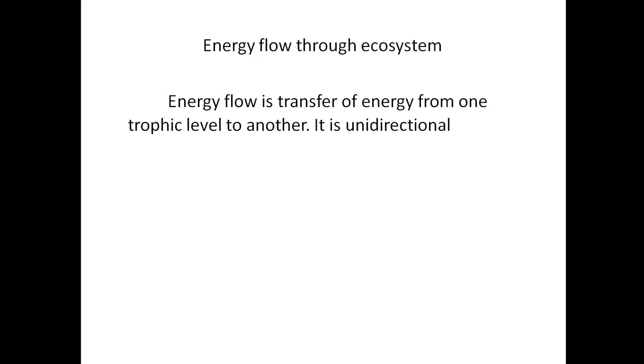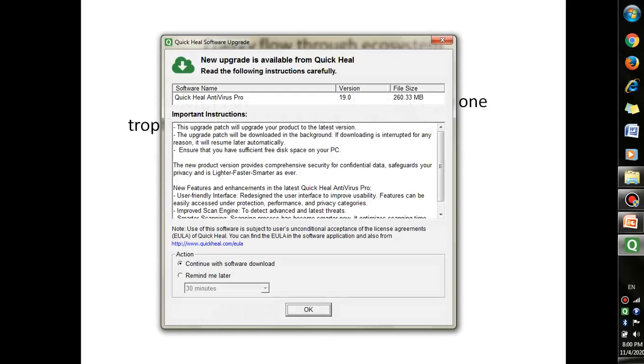So from the grass, when it goes to the grasshoppers, for example, the energy which is taken up by the grasshoppers will be less. Then the grasshoppers may be eaten by lizards. So the energy which has been got by the lizards from the grasshoppers will be even less. And the lizards may be eaten by hawks.